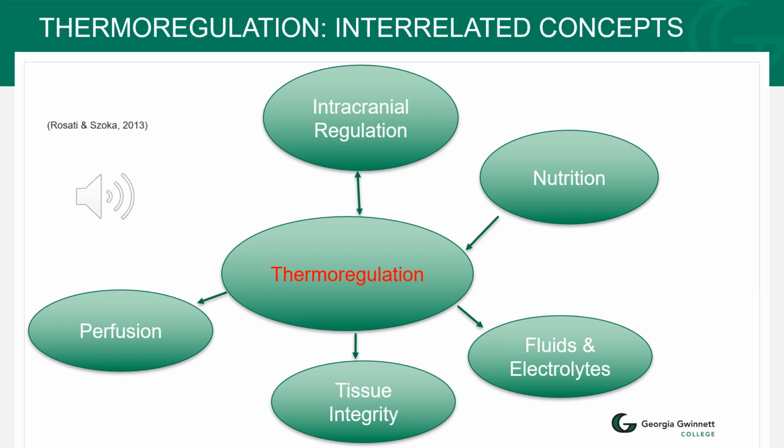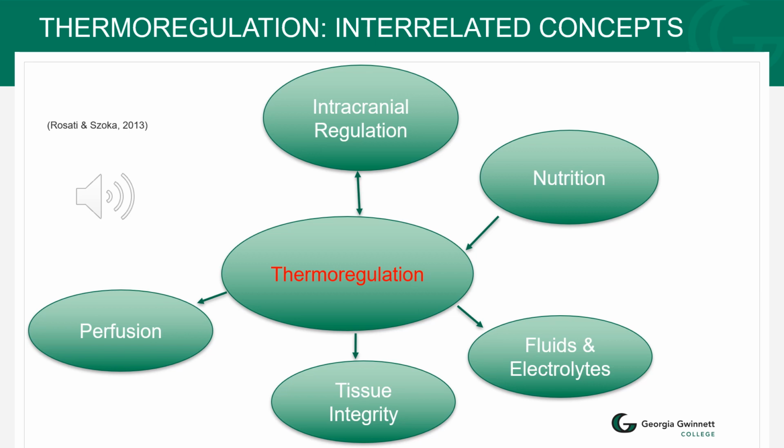Thermoregulation is obviously related with tissue integrity if we're talking about frostbite and hypothermia and how extremes in altered thermoregulation can affect the tissue integrity, fluid and electrolytes. We're talking about dehydration, nutrition. If somebody's undernourished, they're at more risk of alterations in thermoregulation.